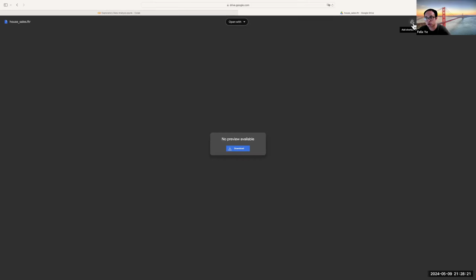That means add shortcut to drive. It will automatically save this file into your Google Drive, so you don't actually need to download it. Then you can access everything through your Google Drive.